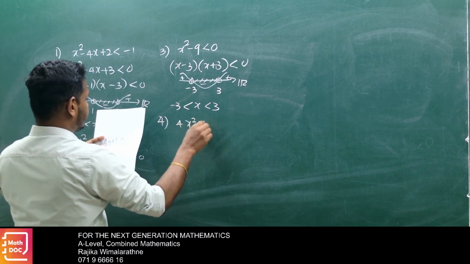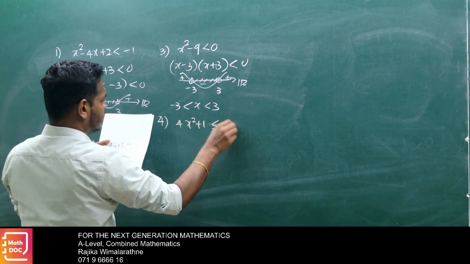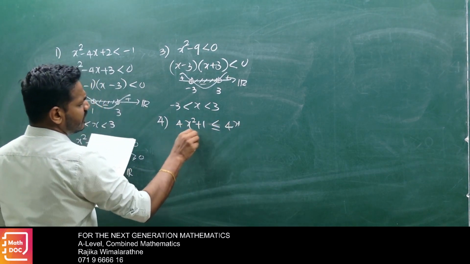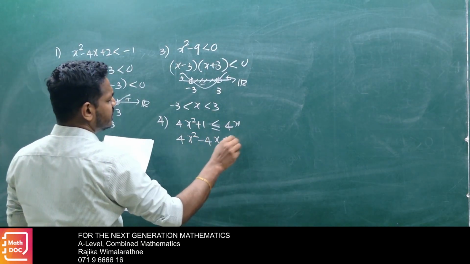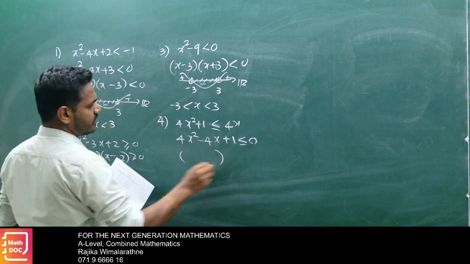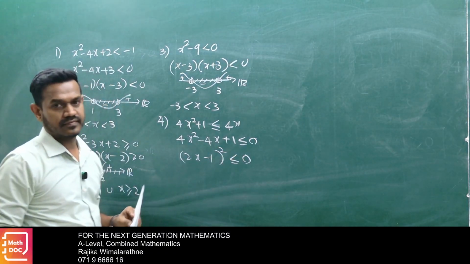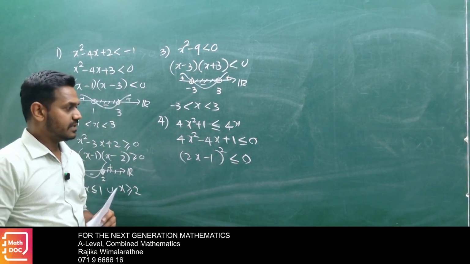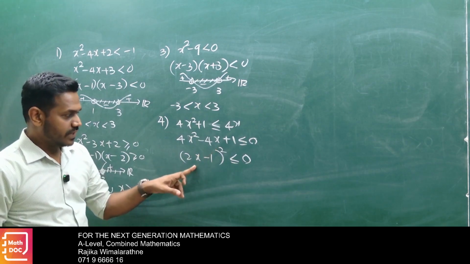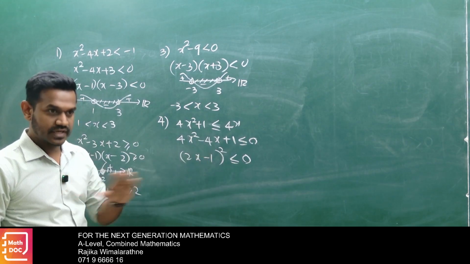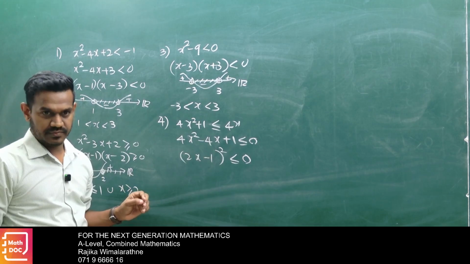4. x squared times 4 plus 1 less than or equal to 4x. 4x squared minus 4x plus 1 less than or equal to 0. Here it is (2x minus 1) squared. Here it is somewhat special. (2x minus 1) squared is surely positive, no negative value.